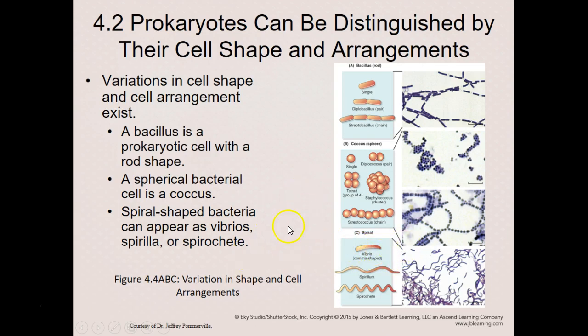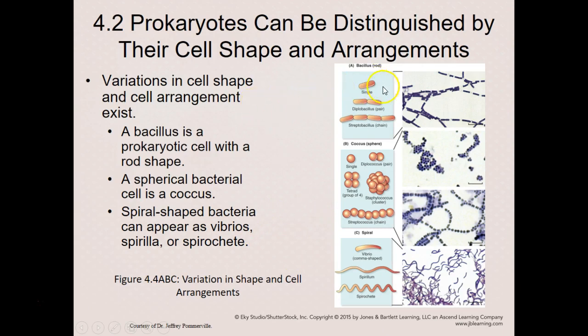It's under this group of spiral-shaped, but it's more of a curved rod organism. So you're not going to see these beautiful spirochetes or these big, long spiral structures. It's more like that curved, comma-shaped organism, okay?